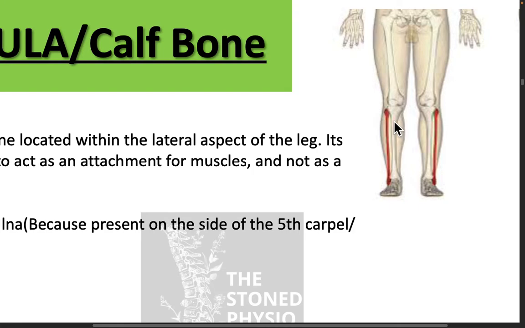One of the most common that we can see on the proximal part, on the head of the fibula, is which muscle? That is the biceps femoris. The insertion of the biceps femoris we can see on the head of the fibula, okay. Apart from that, there are various other muscles also that have their attachment to the fibula. So it provides a site of attachment, but doesn't participate in weight bearing.